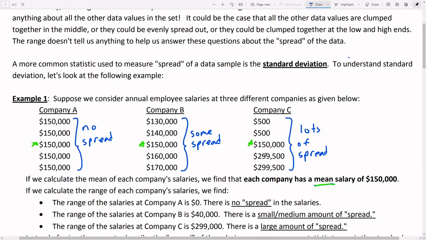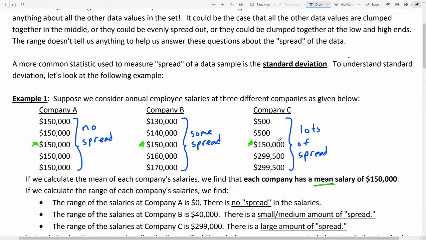Here too, big jump, right? So this is again over 100,000, 149,000 away from the middle. Huge jumps from the mean to each of those data points.